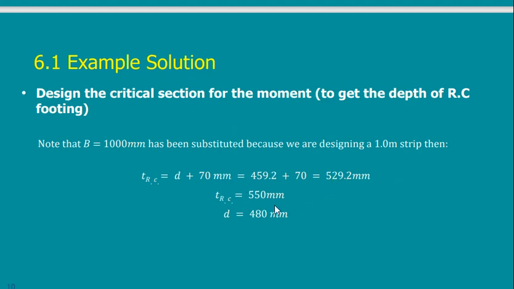So we go to the nearest 5 centimeters, this is the minimum you can deal with on site. If I have a footing 50, the next one will not be 51, it will be 55. The next one will be 60, and so on.